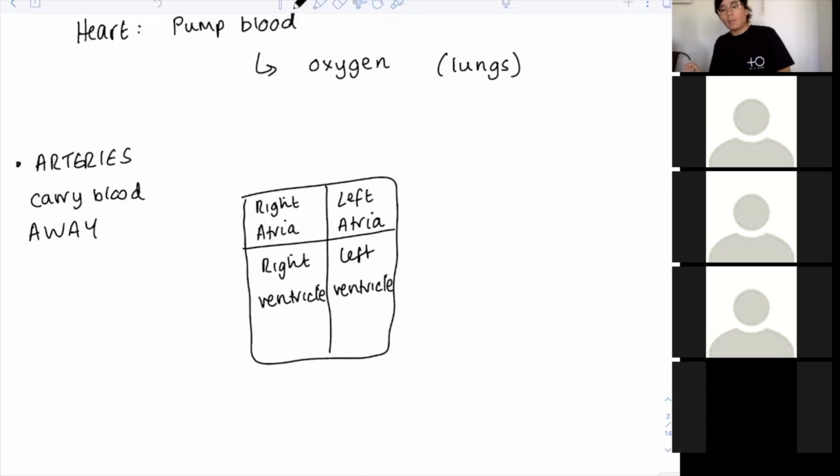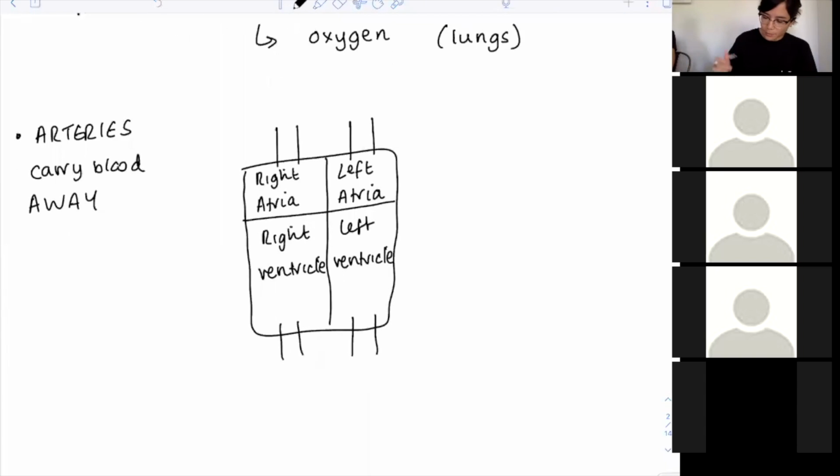And in terms of how blood flows through the heart, it enters at the atria. So there are 2 vessels bringing blood into the atria and 2 bringing it away. And so we know that the vessels carrying blood away from the heart will be the arteries.